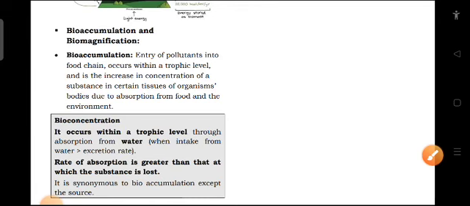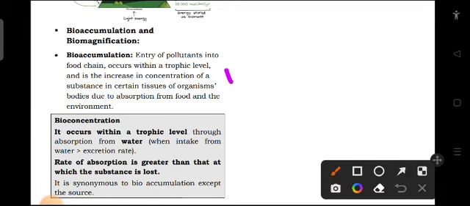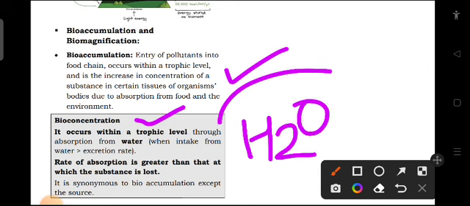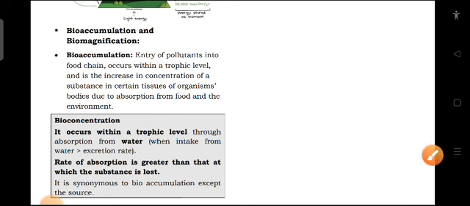It is synonymous with bioaccumulation except for the source. For example, in bioaccumulation, it can be through water or food or through the environment, anything. Whereas in bioconcentration, the pollutant is absorbed only through water.